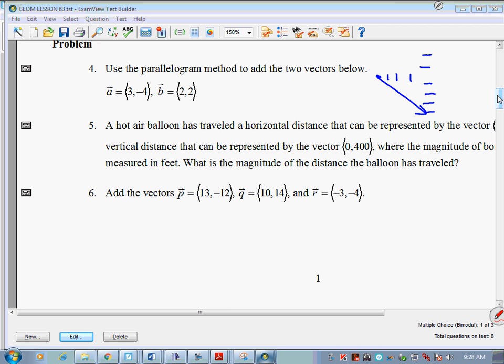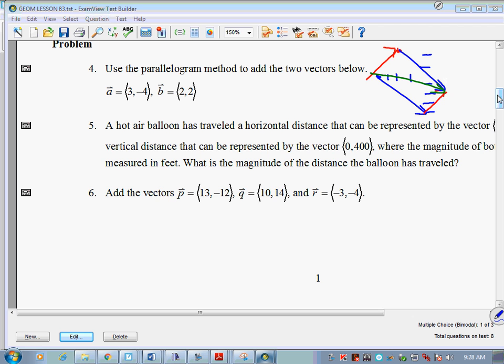That's going to bring me to here, and just by doing this, I'm not going to get an exact answer. So I would go up 2, over 2, here I'm going to come down, and then what I'm going to be looking for is that line there. I don't know how accurate my lines are there. You'd have to get a coordinate plane out. But let's see what we would get in terms of just using head to tail.